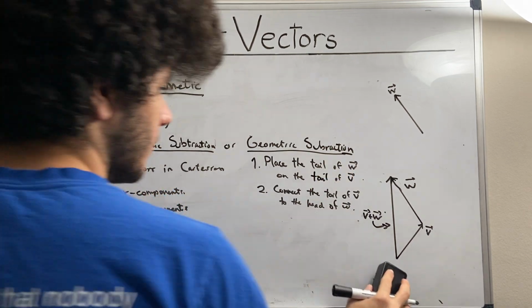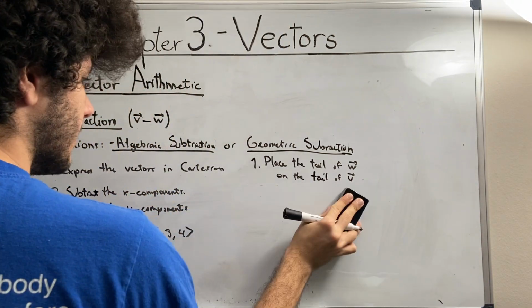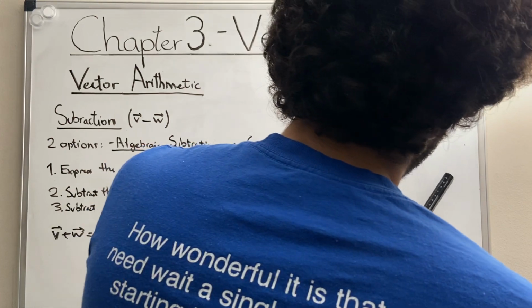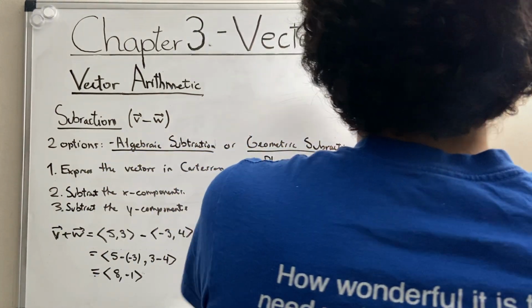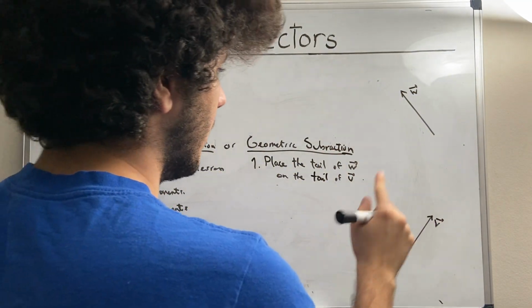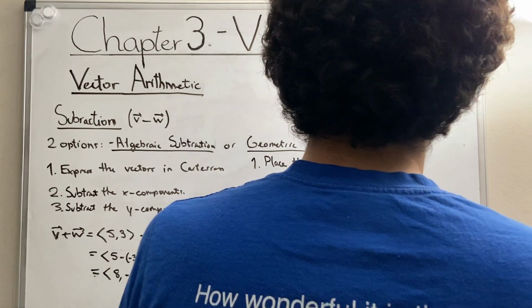So let's start and do that. Let's erase this. This is no longer the step. I'm going to erase this too. Say we have V and we have W. Place the tail of W on the tail of V. Okay, so it's going to look something like this.